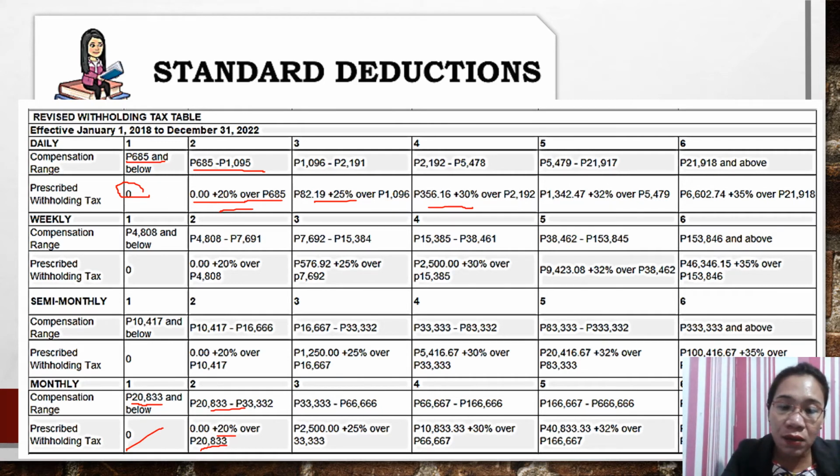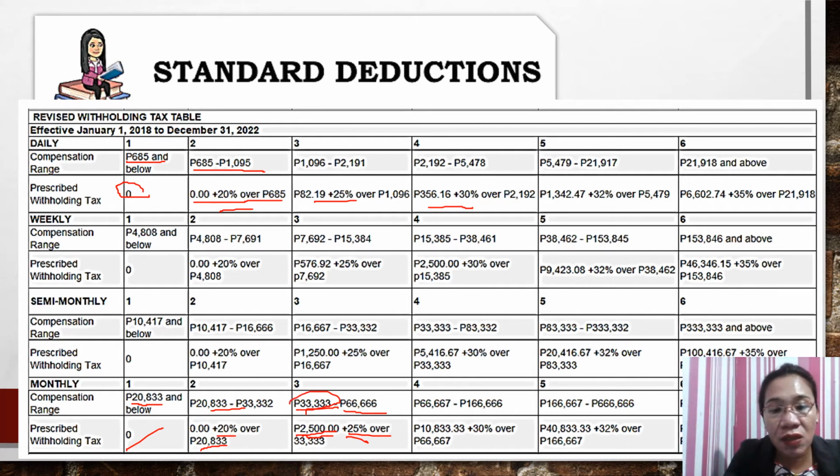At kung ang sahod mo monthly ay nasa 2,500 plus 25% over. Meaning to say, pag yung sahod mo ay nasa 33,333 to 66,666, mayroon ka ng fixed amount na 2,500 plus 25% of the difference of 33,333.